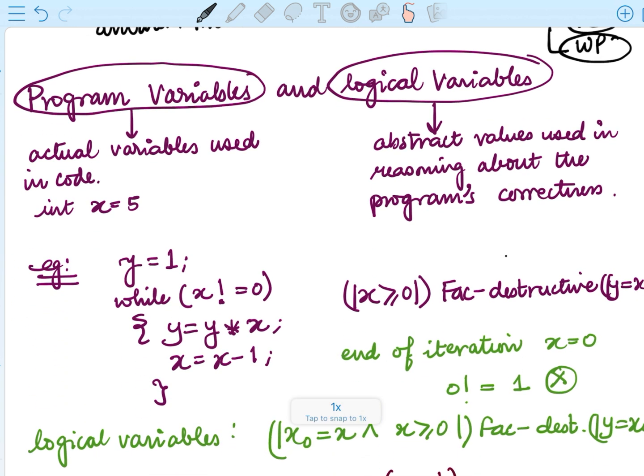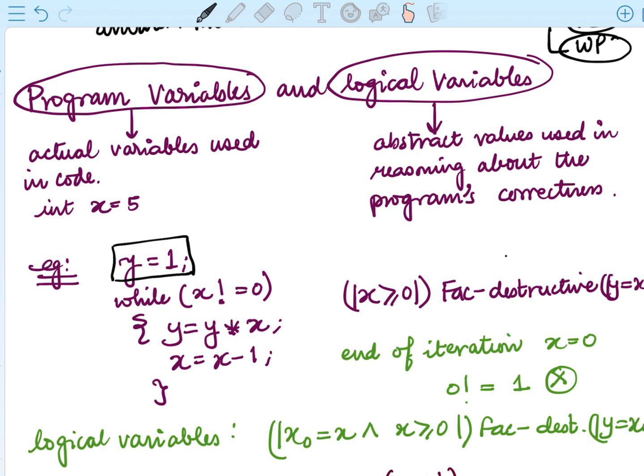Coming on to a very, very important concept which will be needed for you to understand how these programs are generating variables which are abstract. When we talk about program variables, these are the variables that are actually present in the code. So if you say y is equal to 1, this is actually present in the code.